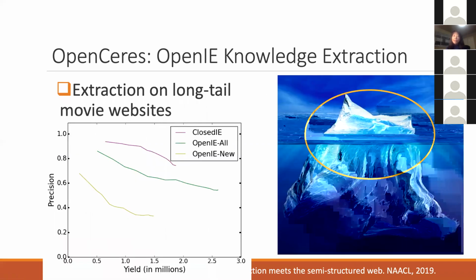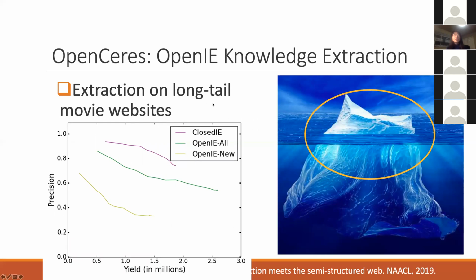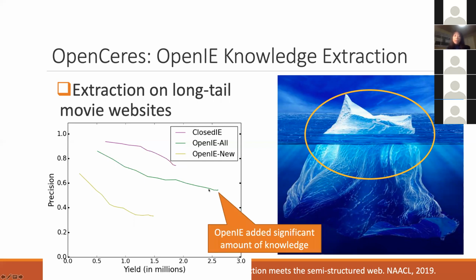We applied the same techniques on the 33 long-tail movie websites. And recall that this purple line is our Ceres curve for precision and yield. And now we have this green line for this open IE. So comparing with closed information extraction, now we added a significant amount of knowledge for new predicates.